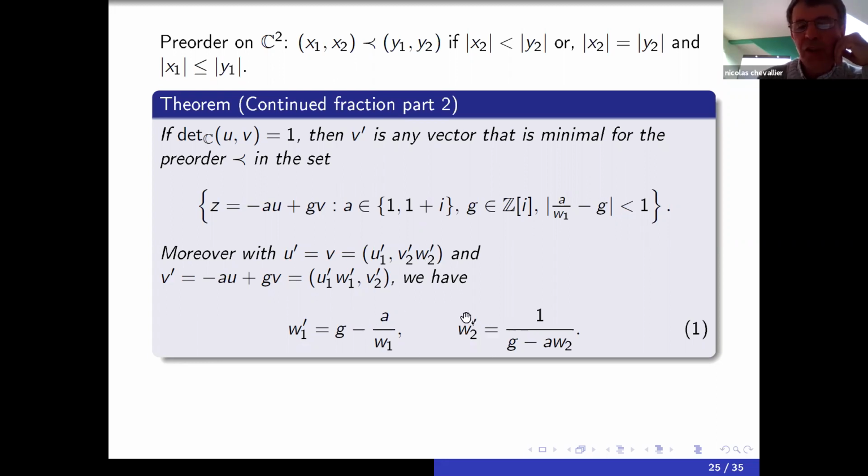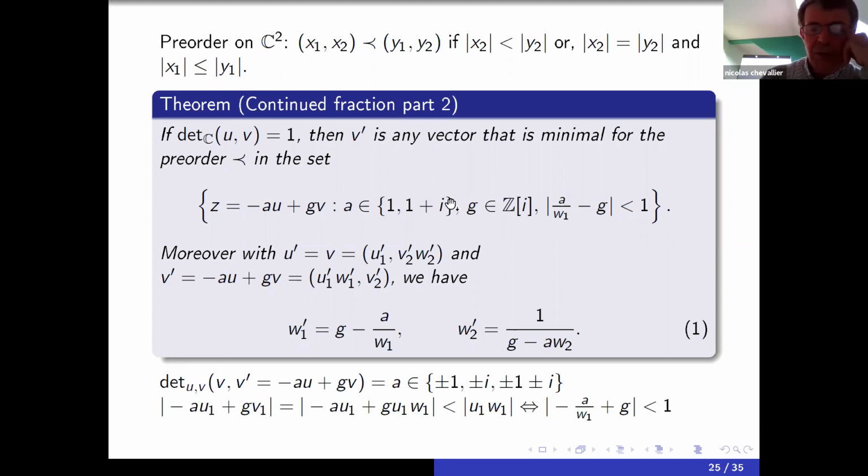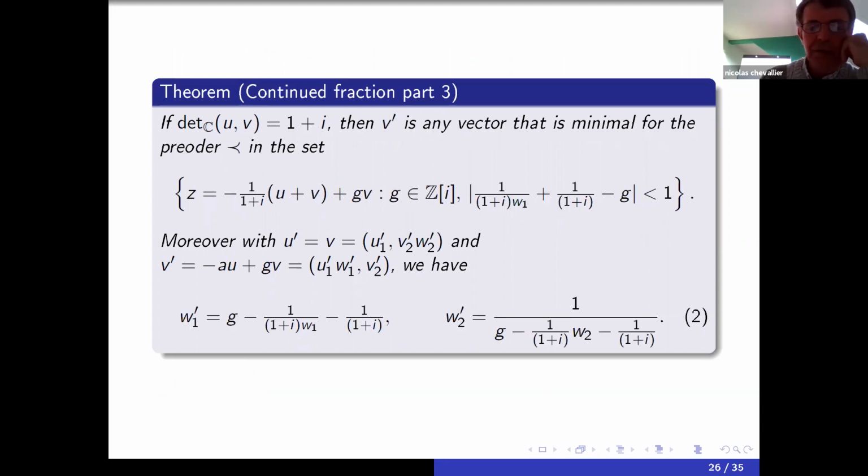These are just these two numbers, when U and V are of index 1. When U and V are of index 2, the formulas are a little bit more complicated, but this is easy to prove.